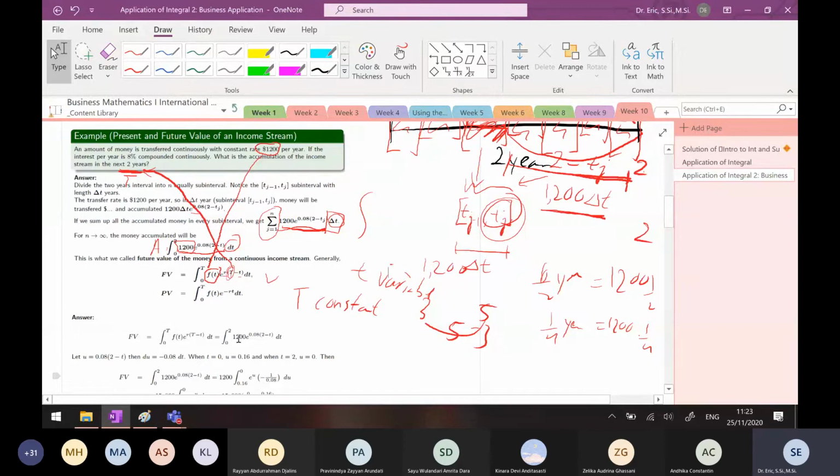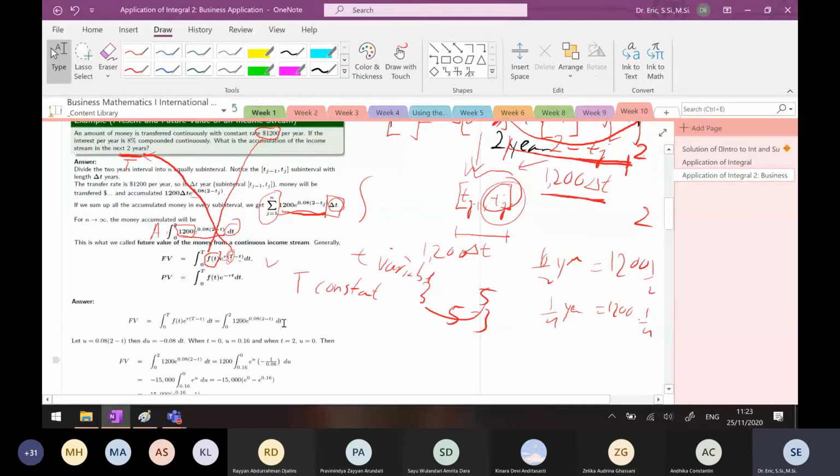So you have 1,200 times e to the power of r, where r is the interest rate, 8%. Don't forget, in decimal, 0.08, times capital T minus t, which is 2 minus t, that is variable, dt. Okay, so I have to find this. So how do I do this?